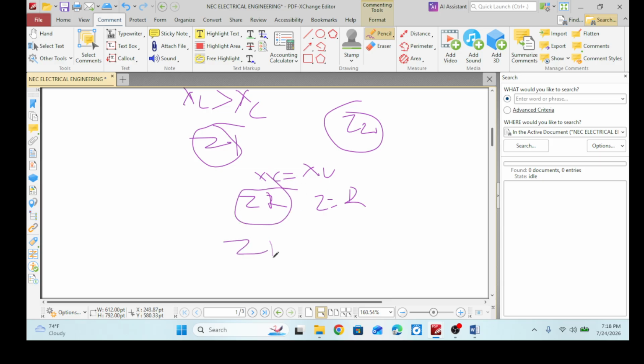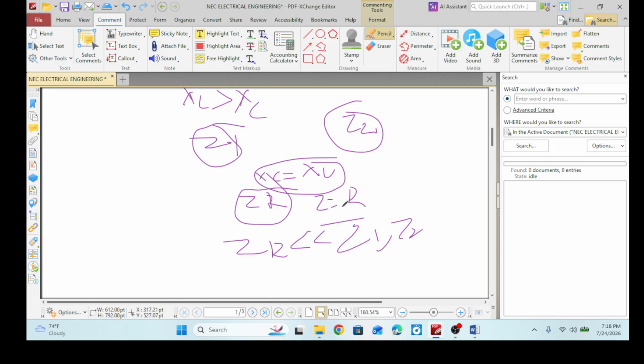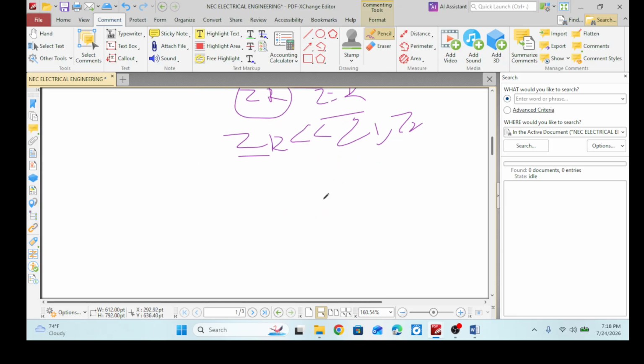So ZR would always be the minimum, not greater than Z1 or Z2. That is, when XC equals XL, the impedance will be minimum. And at ZR, current and voltage have the same phase angle. That means the phase angle is 0.